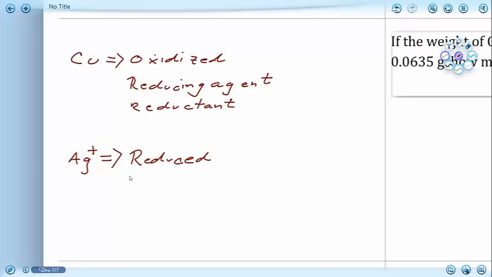If the copper was the reducing agent, then we can presume that the silver ions were the oxidizing agents. And another term for that would be the oxidant. So these are terms that you need to know and need to be able to understand when they're used.